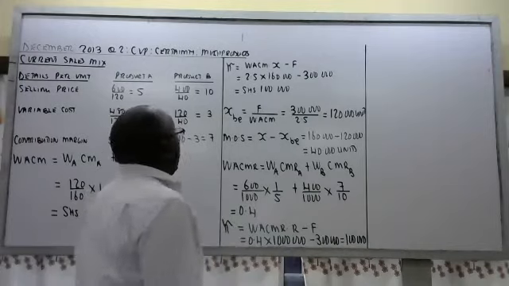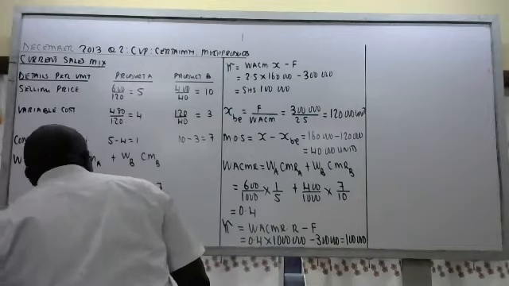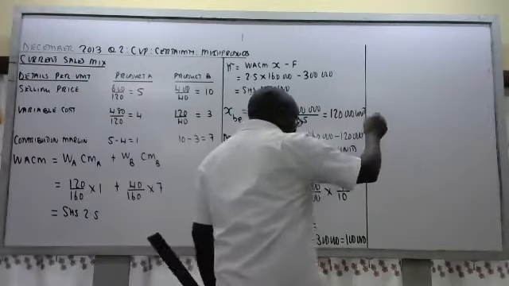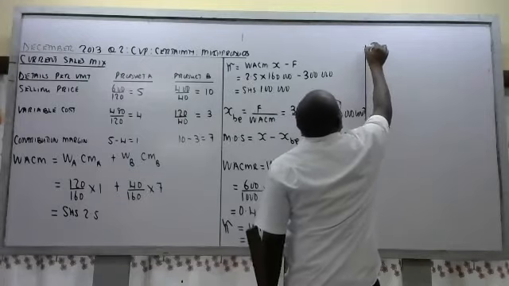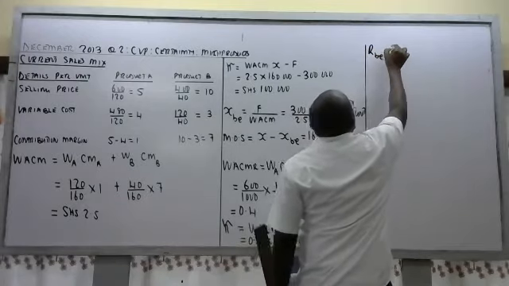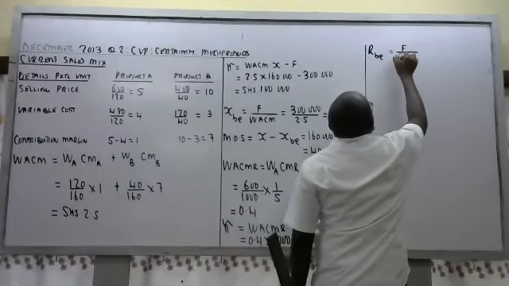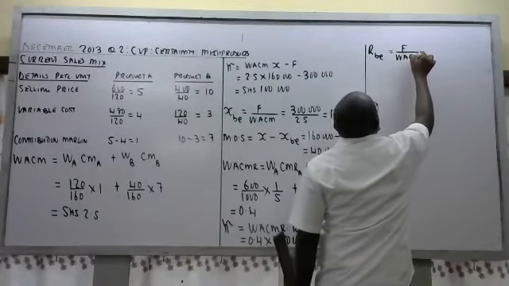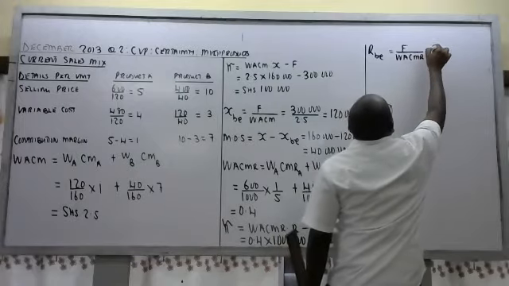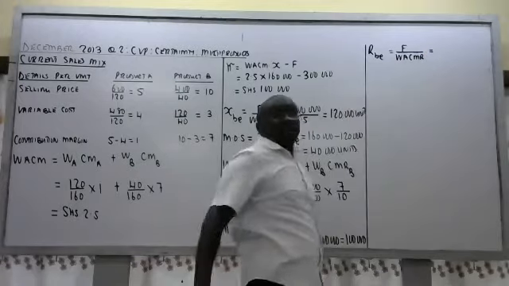Okay, so that is okay. Then if you are told to get the break-even point in shillings, RBE, it is F divided by WACMR.